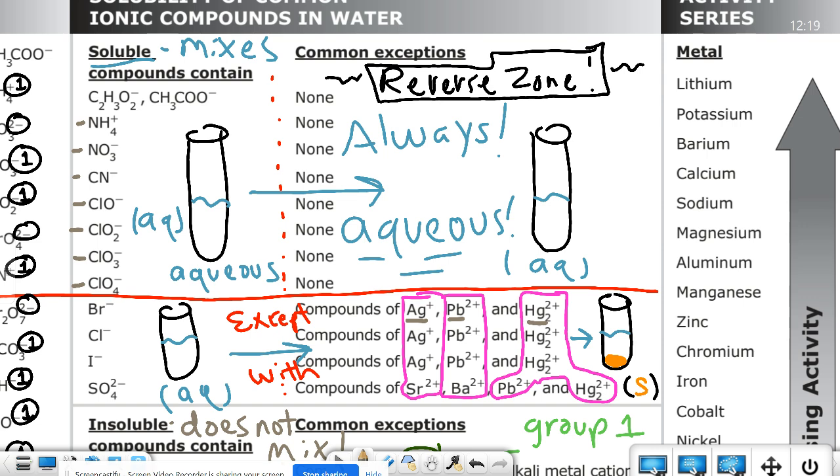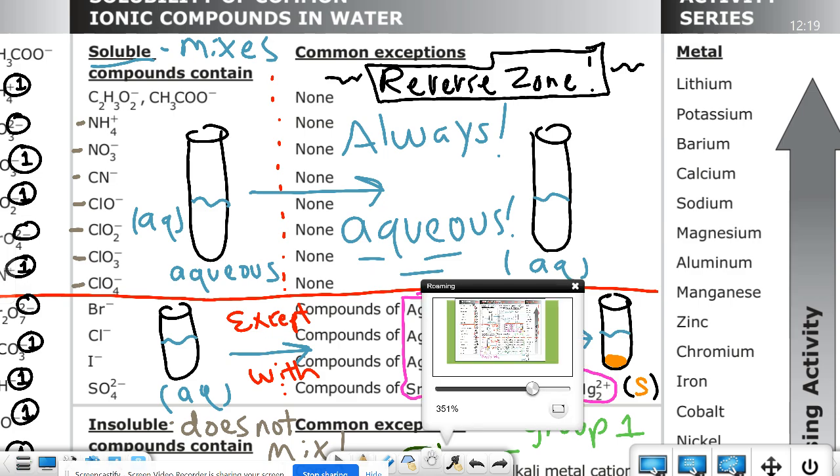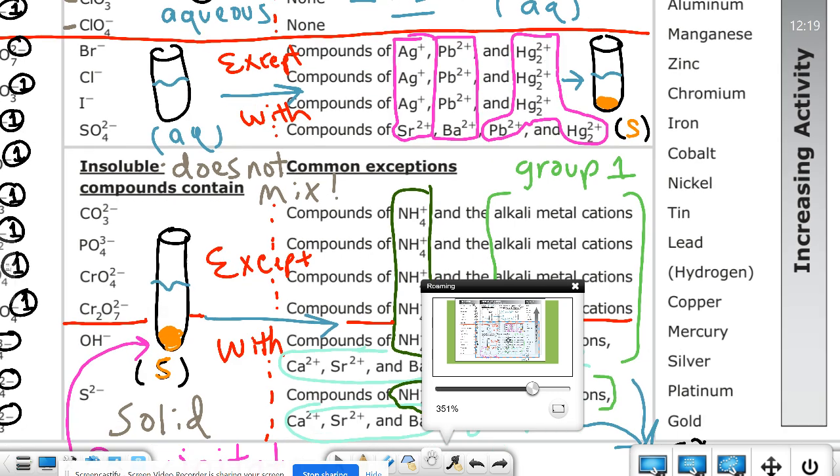So when any of these get with any of the ones that I have over here, Ag, Pb, and Hg, they're going to produce a solid substance. So they're going to actually reverse course and become S, which means not soluble, but insoluble. So that's what that means.